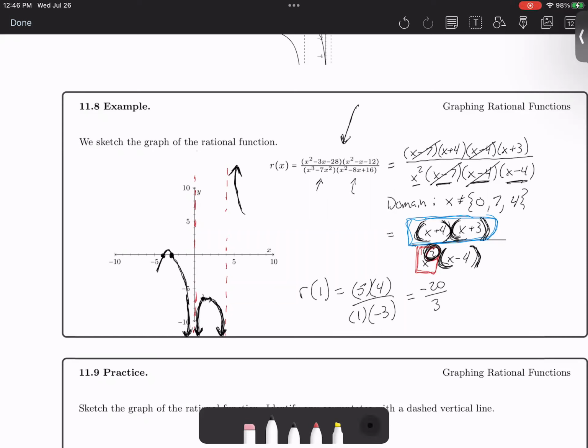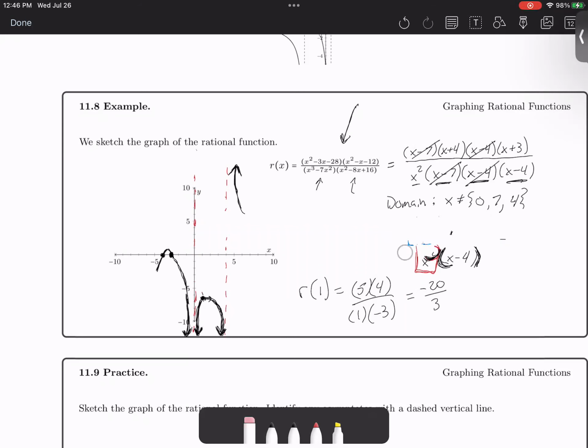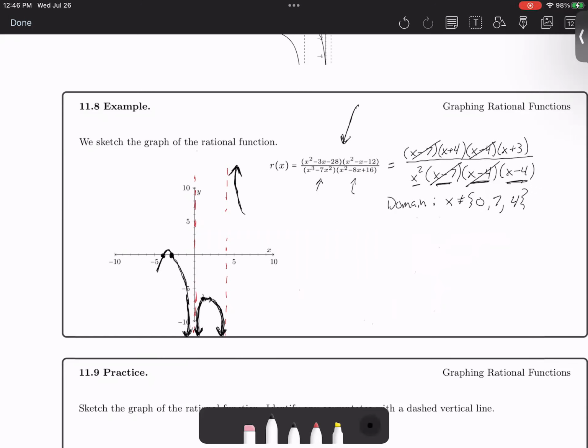All right, last thing to talk about is end behavior. So let me get rid of some of this work and write down the original simplified function. So once we simplified, it was x plus 4, x plus 3 over x squared times an x minus 4.